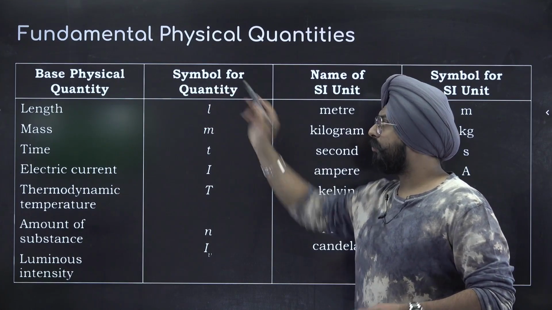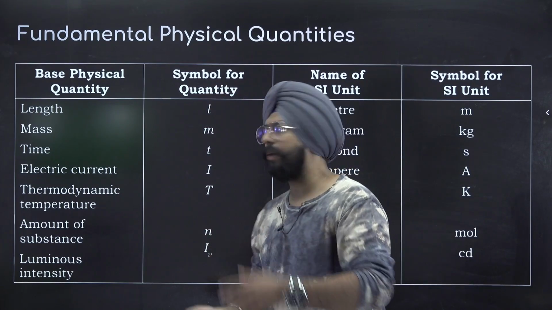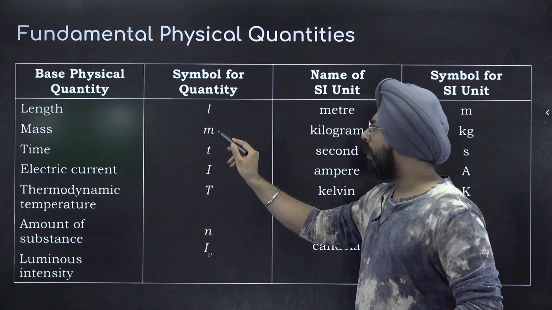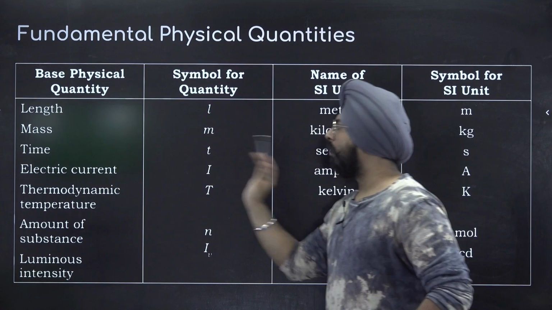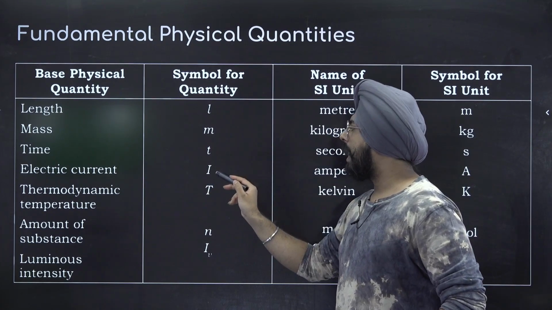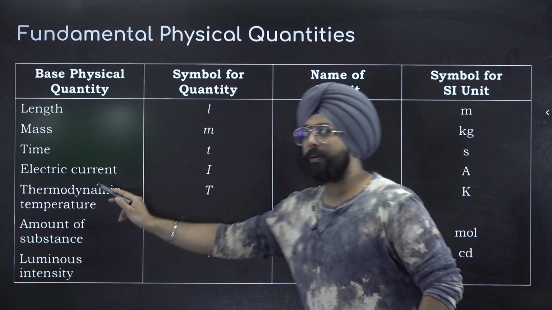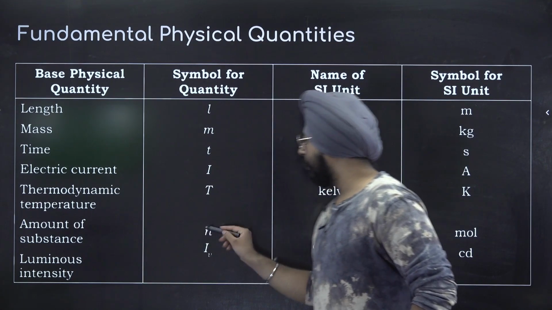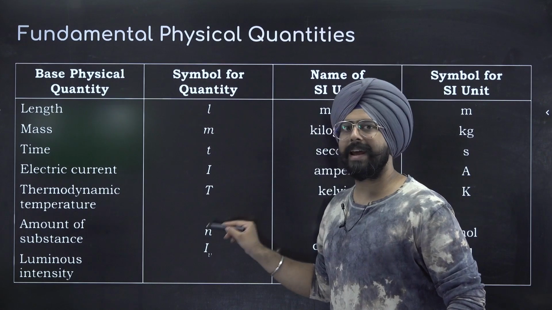This is the symbol for quantity, okay? Length can be denoted with small l. Mass can be denoted with small m. Time with small t. Electric current with capital I. Thermodynamic temperature with capital T. Amount of substance with small letter n.